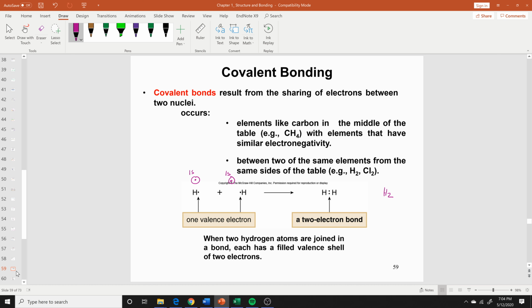So notice the electrons are shared. Nothing is transferred. The electrons are shared. So you're sharing an electron and you're making a bond, a 2-electron bond in this case. Normally, covalent bonds are formed between hydrogens and carbons, between diatoms, between oxygens and hydrogens, between nitrogens and hydrogens.